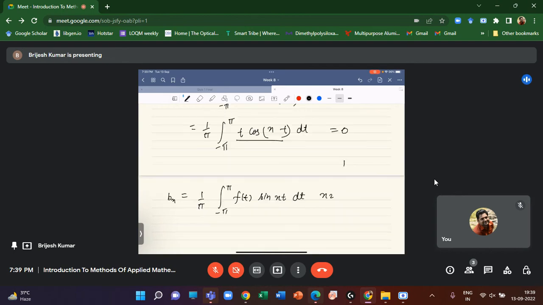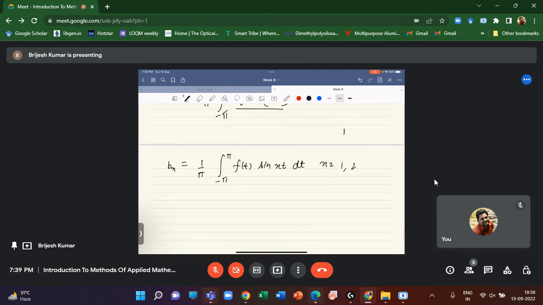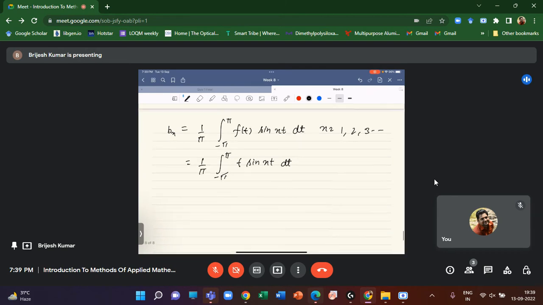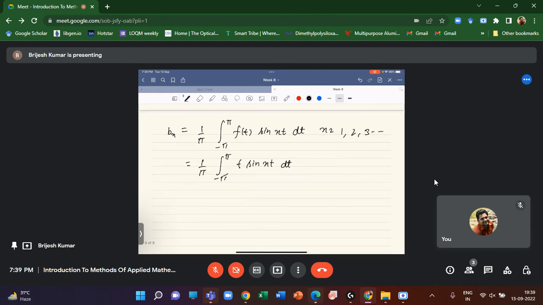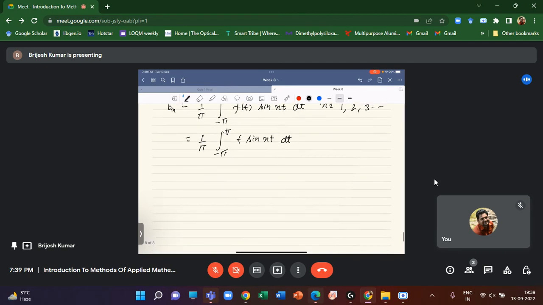So n will be 1, 2, 3 like that. So it will be 1 upon pi, minus pi to pi, t sine nt dt. So this will not be 0, right? This will be an even function. So we have to solve.